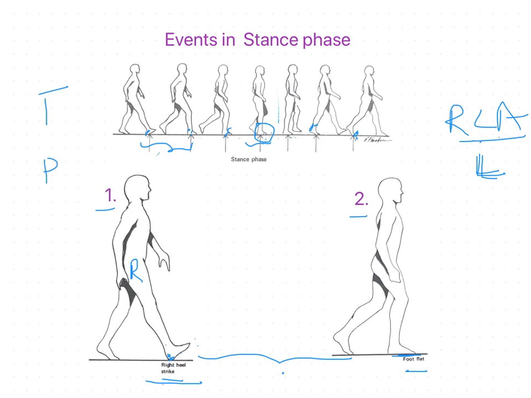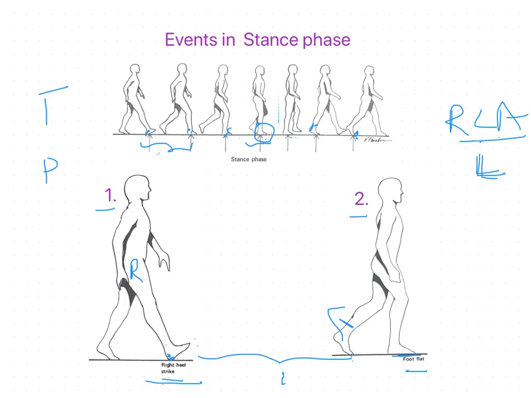The loading response occurs immediately after the initial contact and continues until the contralateral limb lifts off the ground at the end of the double support phase. This is called loading response.